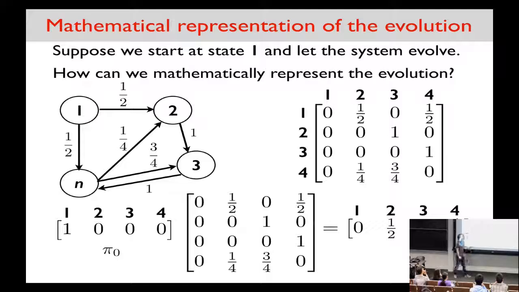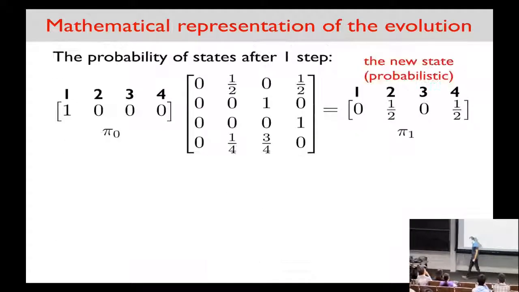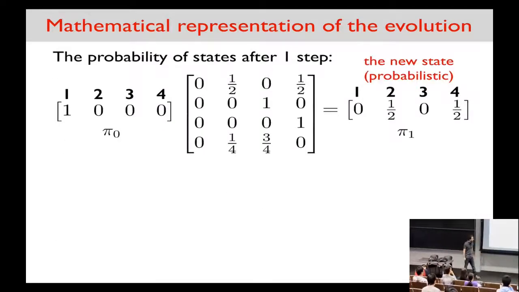So you can see if I start with state 1, then in the next step I will be in state 2 with probability half, and I will be in state 4 with probability a half. So you see that's exactly what is written here. So it's the same thing.